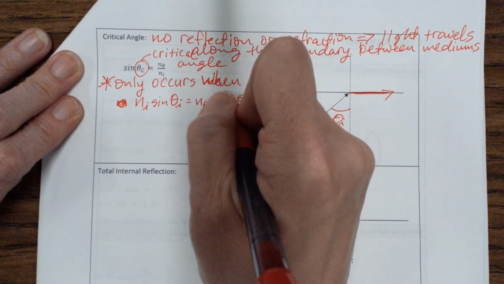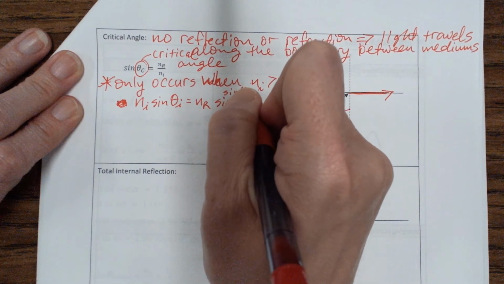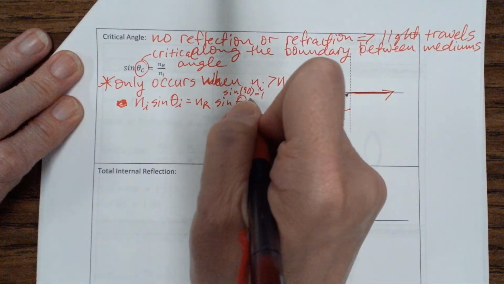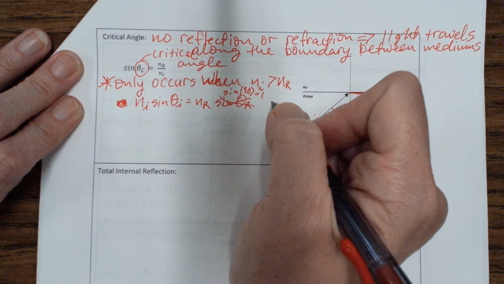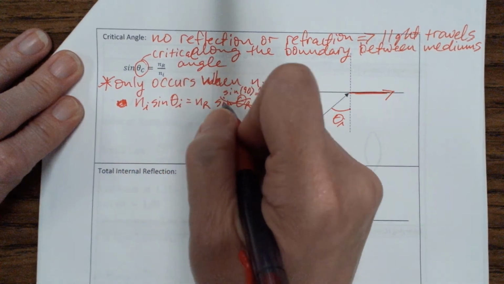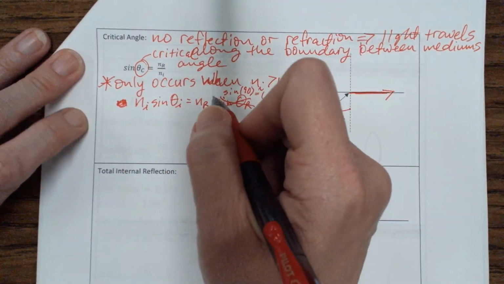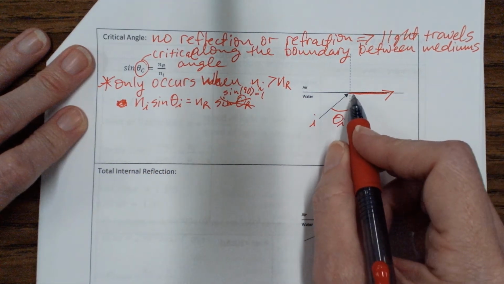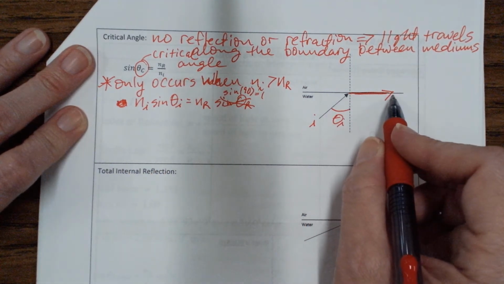Well, sine of 90 degrees is 1, so this won't work. Your Ni sine theta I is not going to equal Nr perfectly. So you hit that angle where the light ray is just going along the surface.